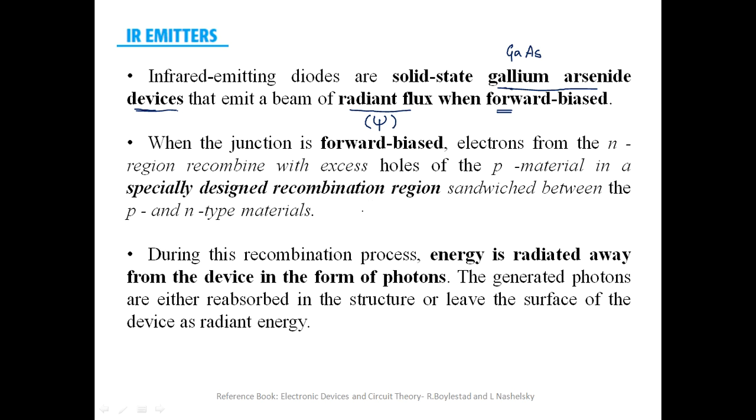The principle is again the same. Let us draw it. If I consider this to be a region of N type, and one more region of P type below it, then the recombination happens within this particular area, the junction space in between N and P type.